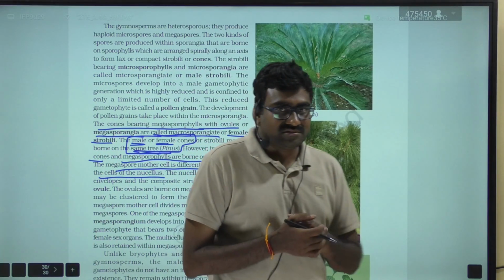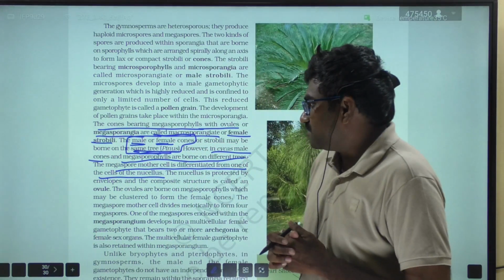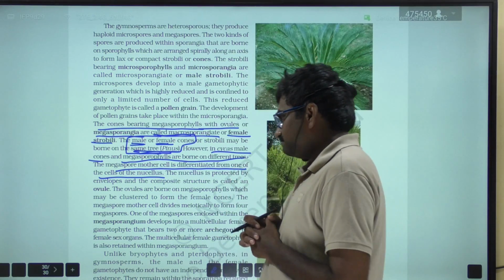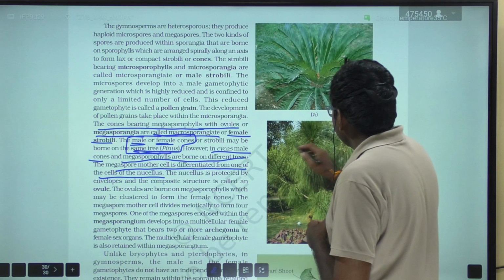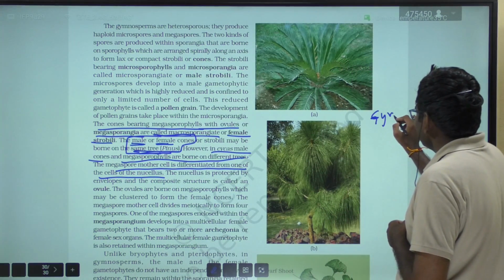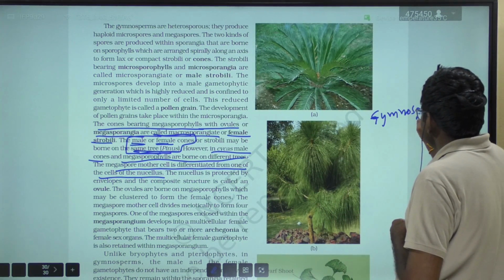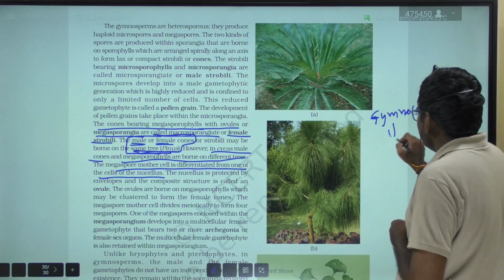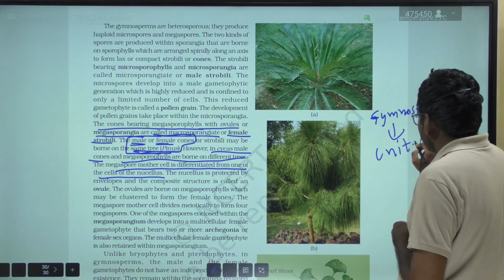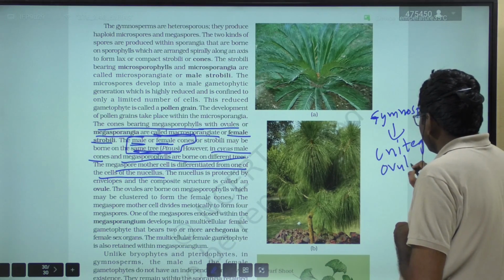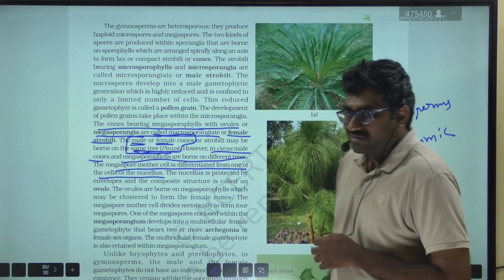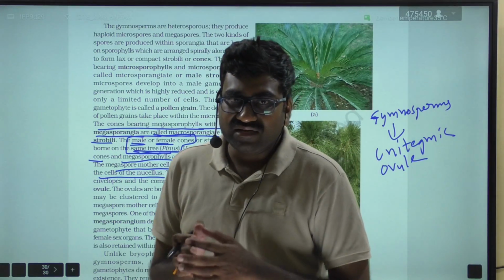This nucellus is found in the ovule. In general, in gymnosperms, a unitegmic ovule is present, that is, only one integument is present.